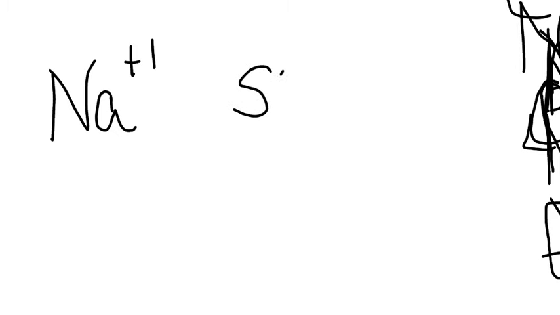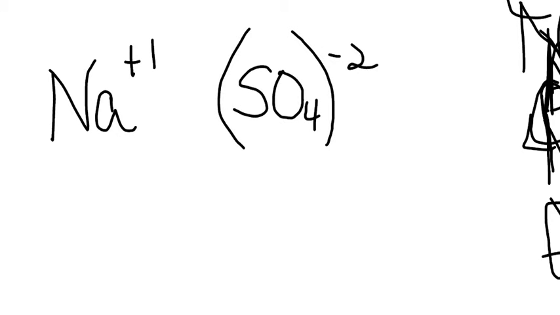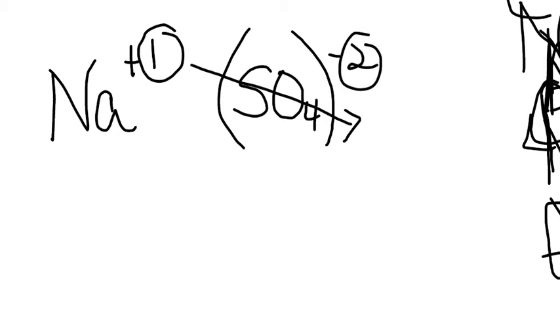Let's do some more practice with some more polyatomic ions. Let's take a group 1, sodium, and sulfate. Remember, the -2 applies to the whole polyatomic ion. So this 1 tells me I need 1 sulfate for 2 sodiums.